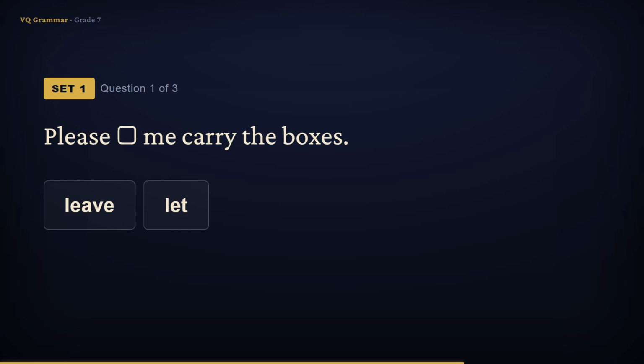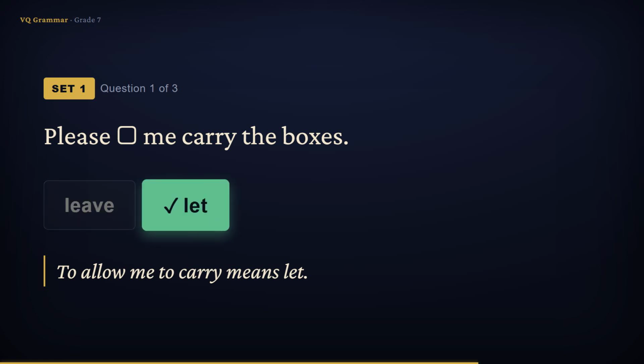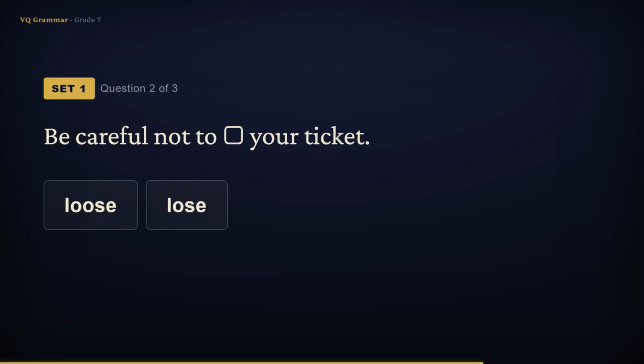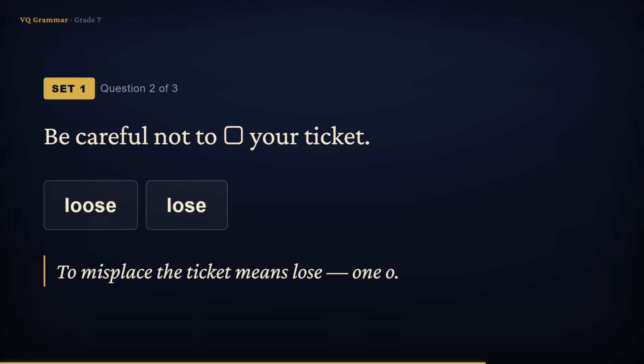Please blank me carry the boxes. Do we want leave or let? The sentence means to allow me to carry them, to permit it. Allowing points to let, so the answer is let. Be careful not to blank your ticket. Is it loose or lose? Here it means to misplace the ticket, to not keep hold of it.